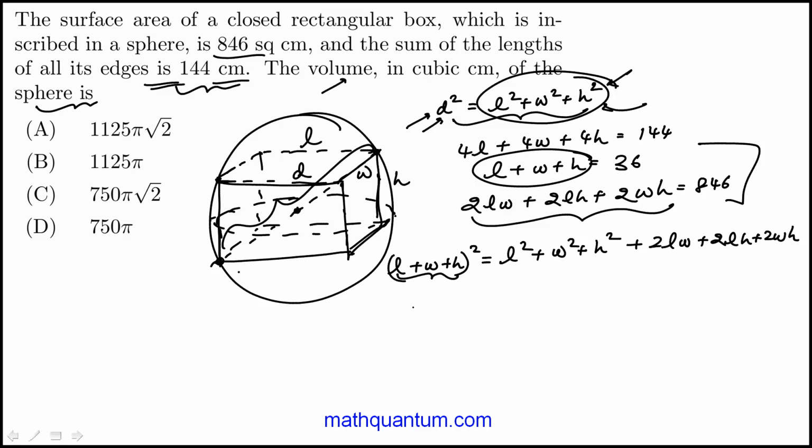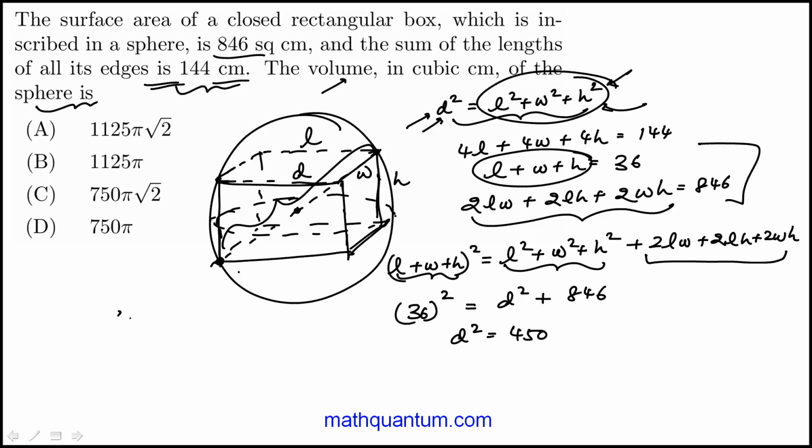We're given that L plus W plus H is 36, so 36 squared, this is our D squared, and then that piece is 846. From this, we can figure out the diameter. I'll do this calculation; you can use the calculator for this one. It's just a simple computation. So I get D squared is 450.